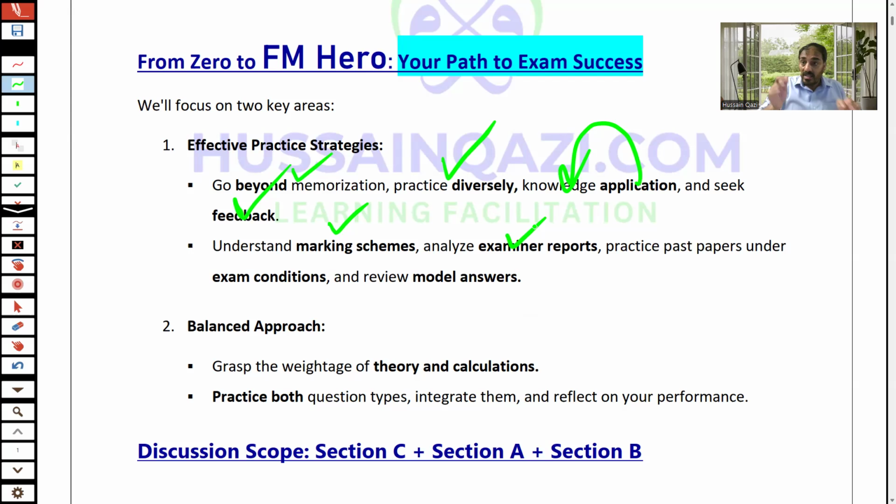Further, one thing is past paper practice, but another important point is to practice with exam conditions. Do attempt questions as much as possible with exam conditions, especially for time management, especially comparing with the marking schemes.